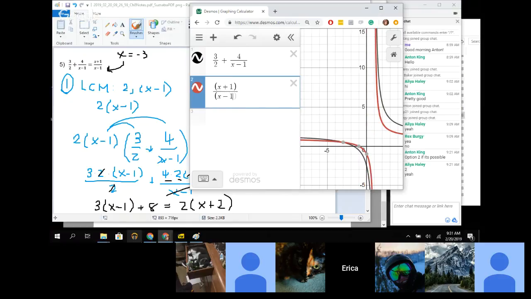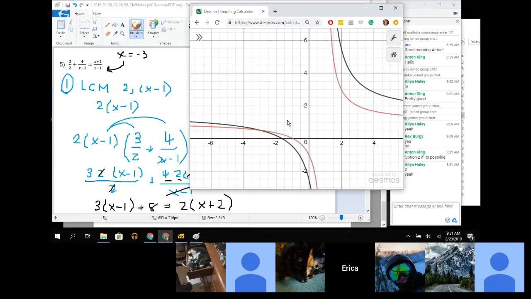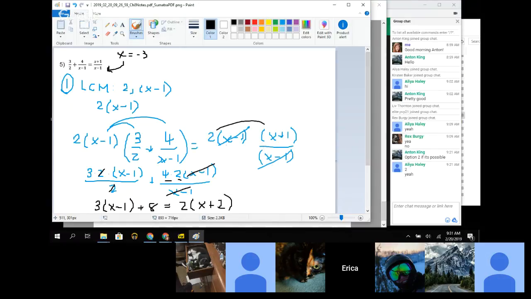All right, so where are those both true? I can see a spot already popping out right here, and that is when x equals negative 3. Okay, so that's true.